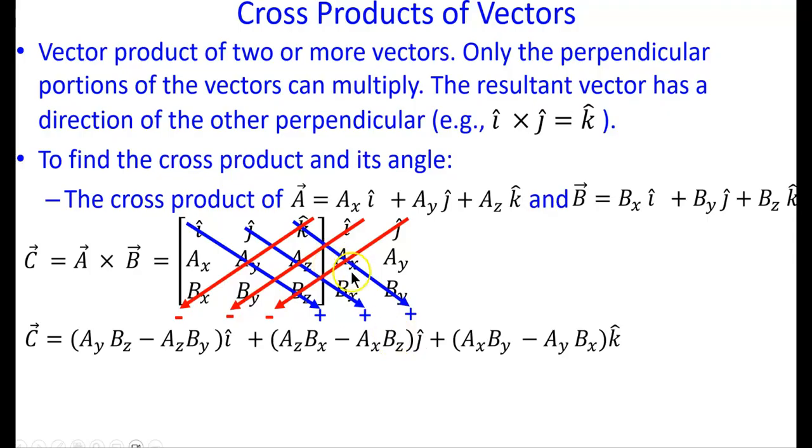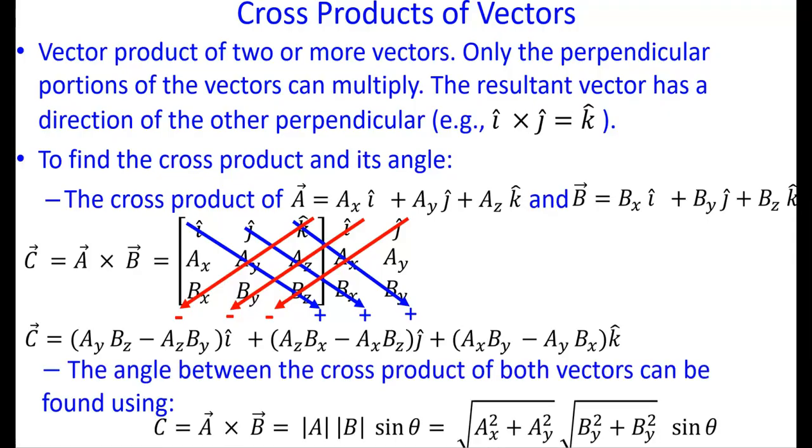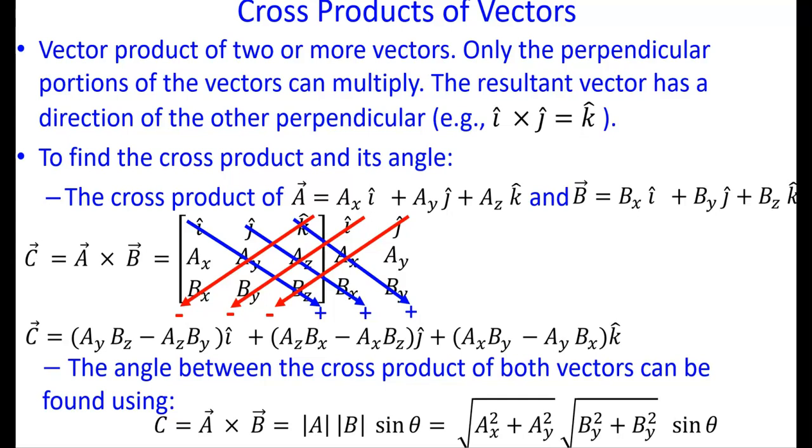Finally, for K, we're going to go AX times BY minus AY times BX, and that's now the K portion. A little bit more complicated. Okay, but this portion is pretty similar to what we've done before.